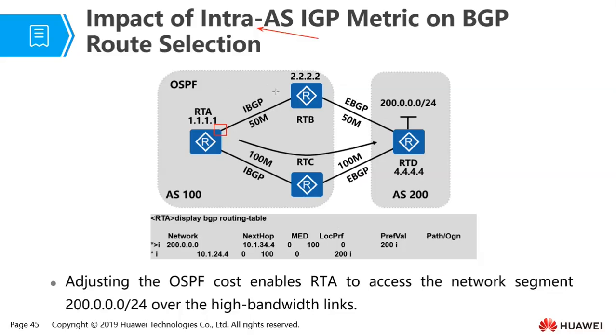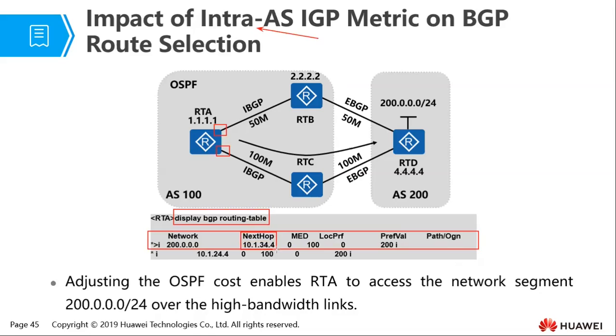Now, once we do that, it will have a higher cost compared to this particular interface. And when we do that and we display the content of the IP routing table, we can see the entry for the 200 network.